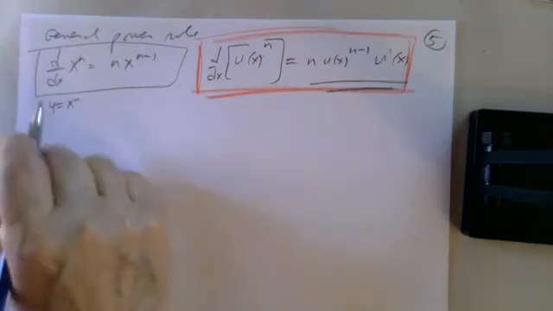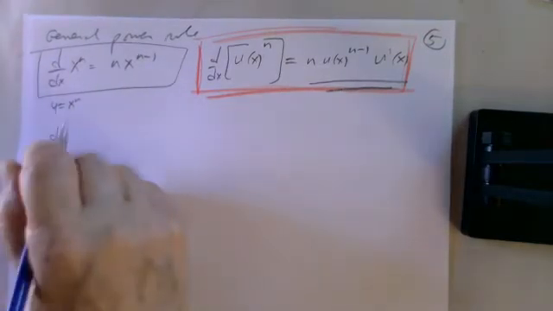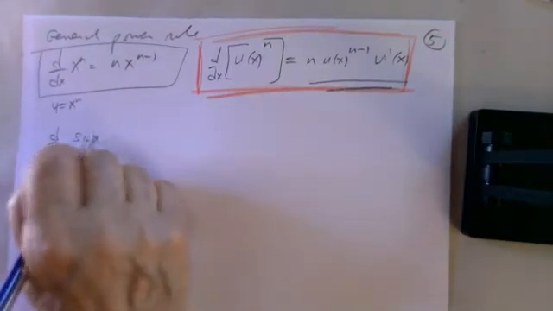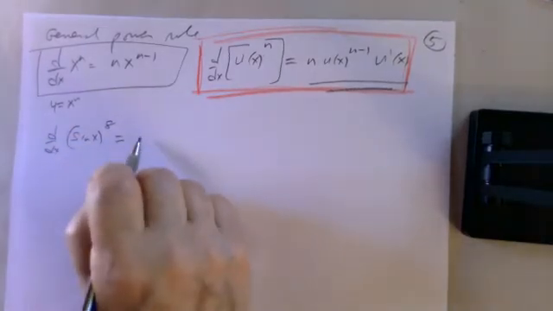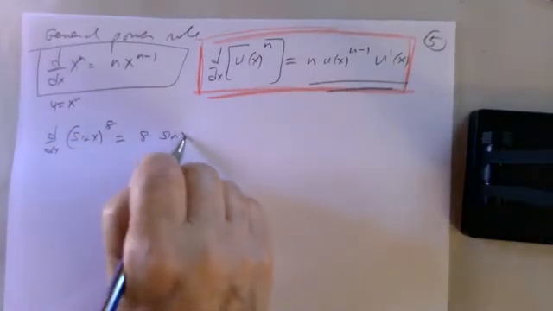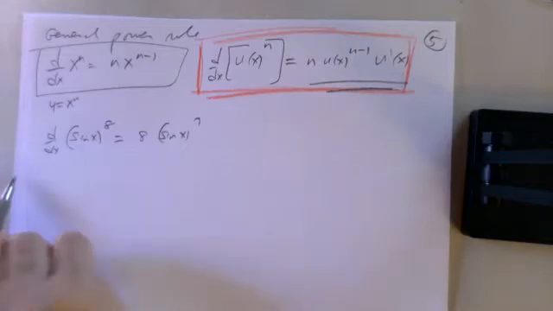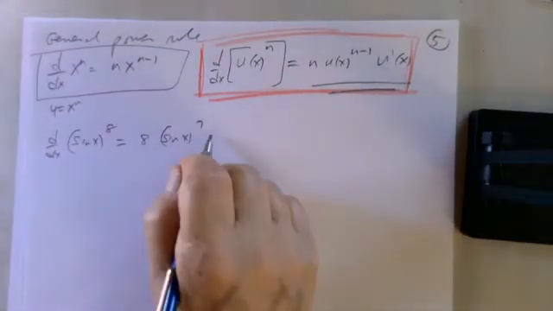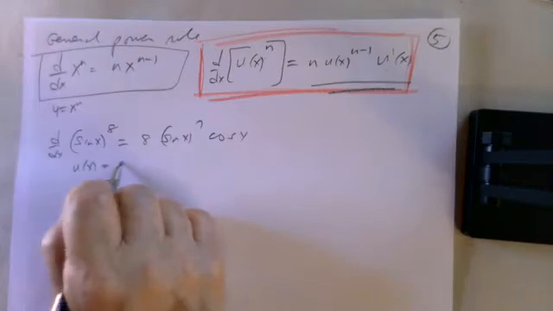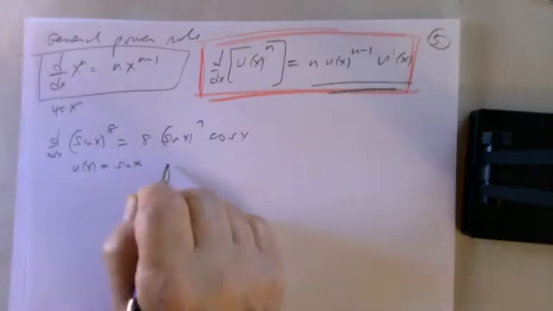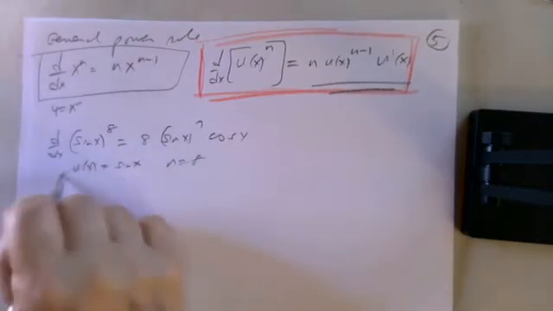So for example, if you wanted to differentiate sine of x to the 8th power, that's 8 times sine of x to the 7th power times the derivative of the sine, which is the cosine. Here, u of x is equal to sine x, and n is equal to 8.